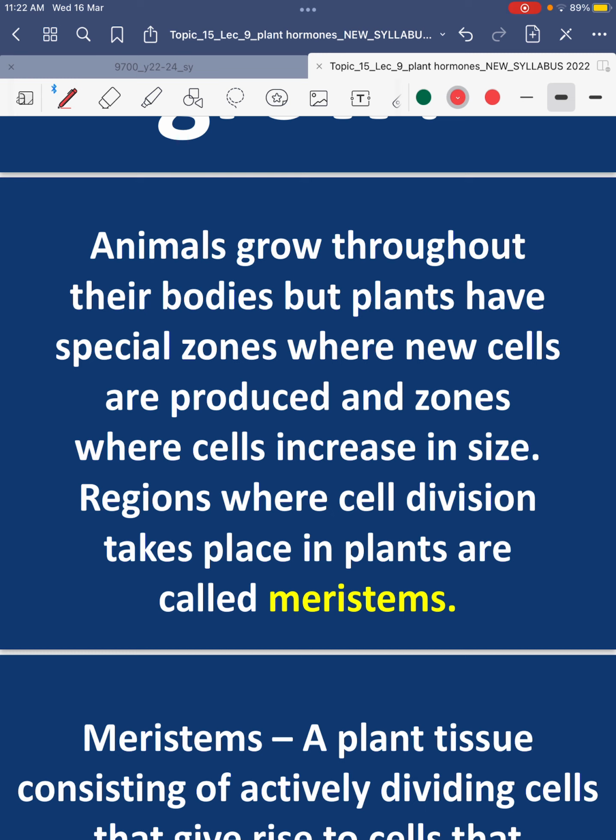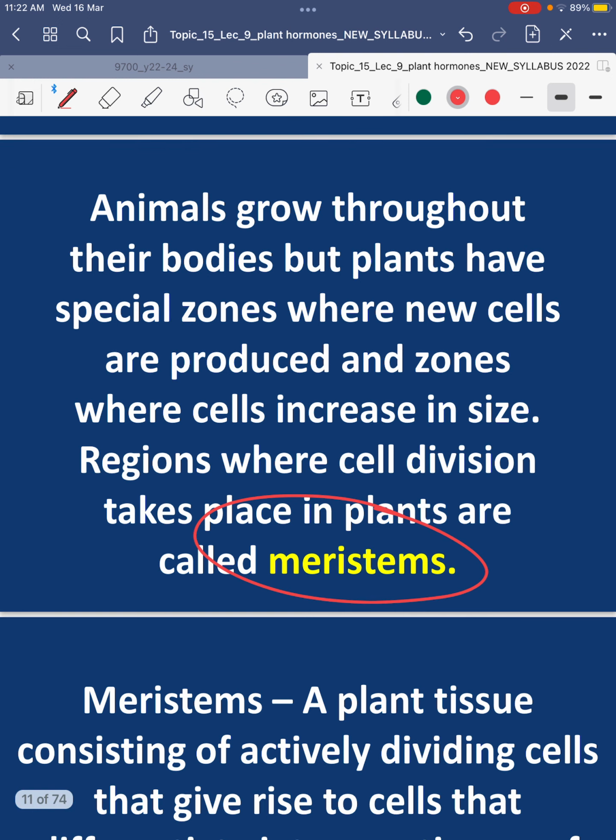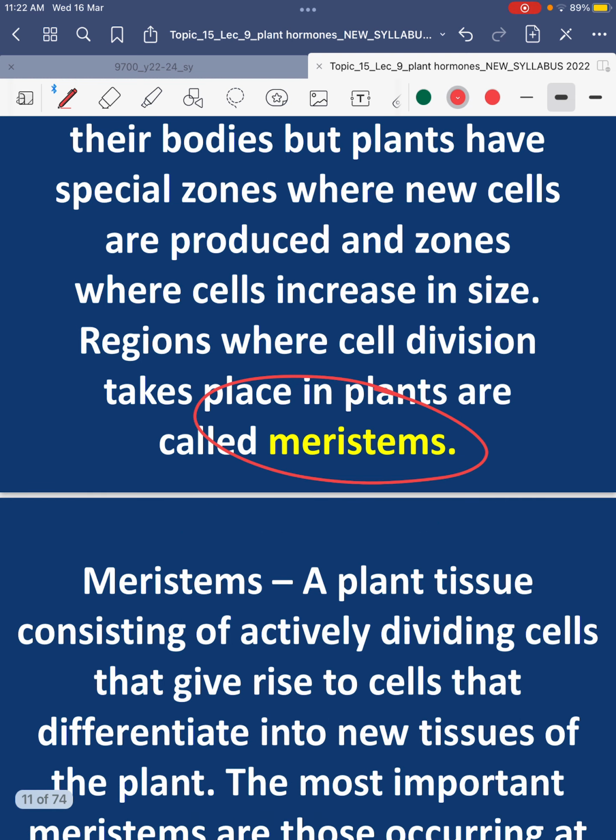For example, what we call meristem. And we talked about this last year, where these are the areas where a lot of mitosis processes are happening. Okay, meristems. So what is meristem? So this is a recap.